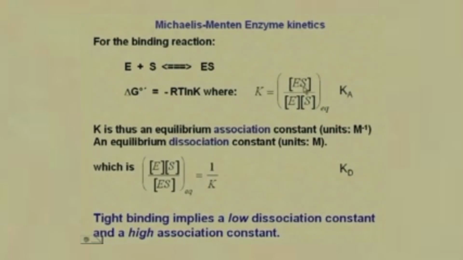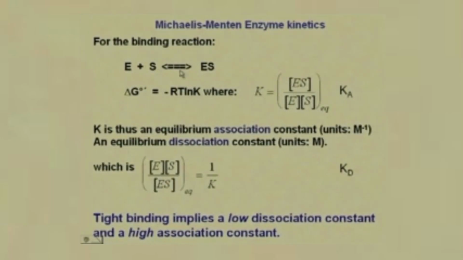You recognize that the units of the association constant are mole inverse, because the enzyme substrate complex is in moles, the enzyme is in moles, and so is the substrate. Now, if I go for the reverse of this reaction, I am considering a dissociation of the enzyme substrate complex back into the enzyme and the substrate.